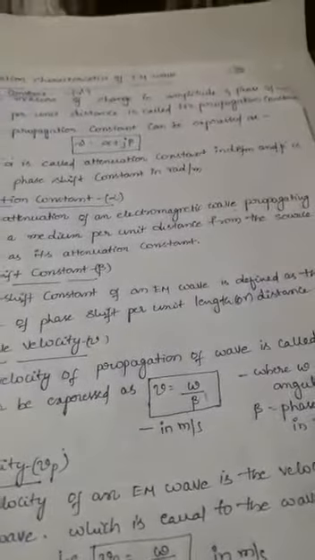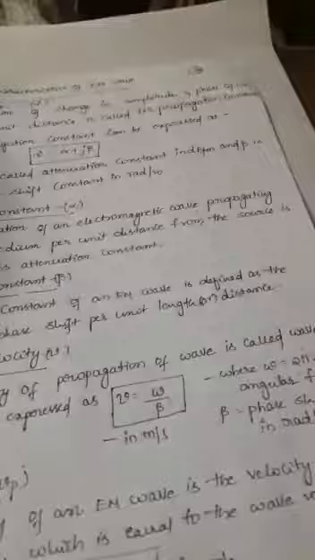What is meant by attenuation? Attenuation means signal loss, or otherwise the decreasing of amplitude, the decreasing of magnitude, the decreasing of peak value of the electromagnetic wave.